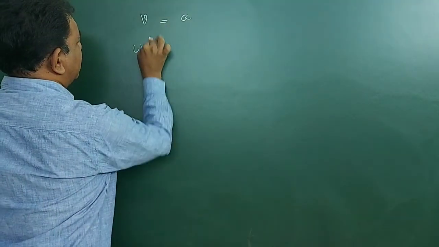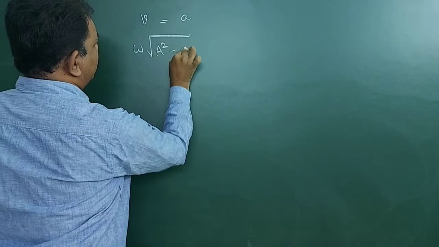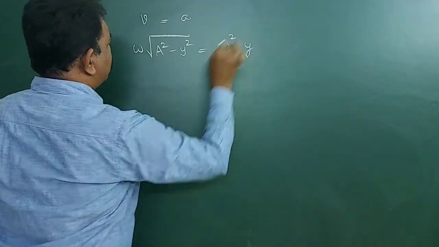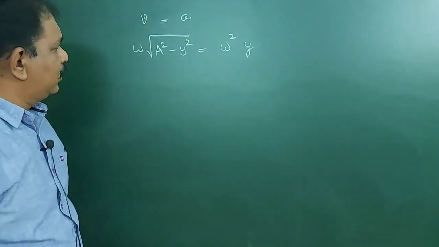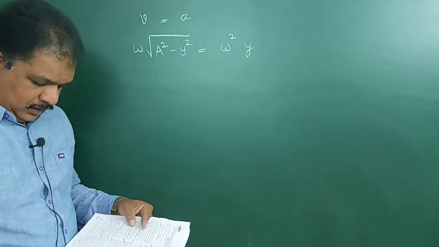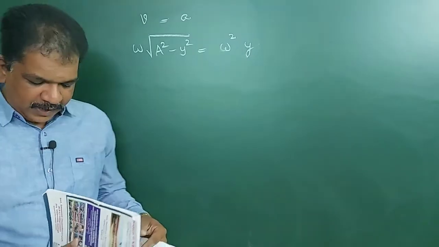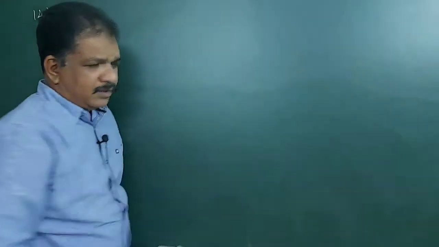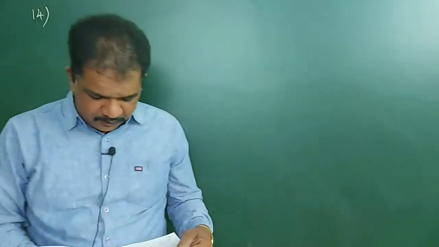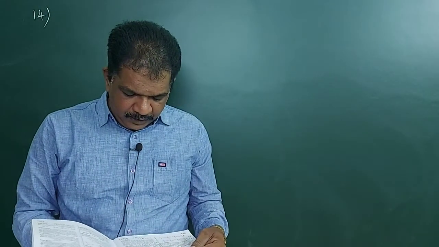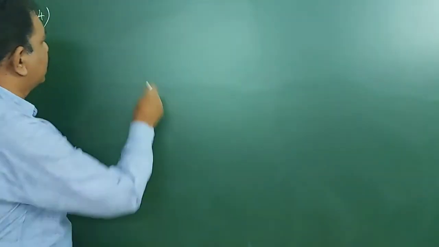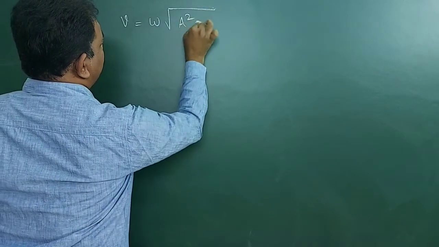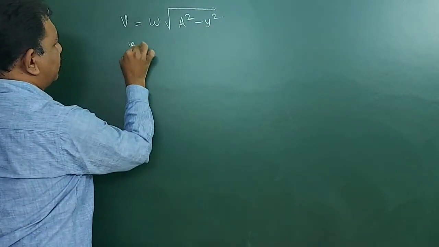This is omega into root a square minus y square is equal to omega square y. We'll calculate this value. V is equal to omega into root a square minus y square.